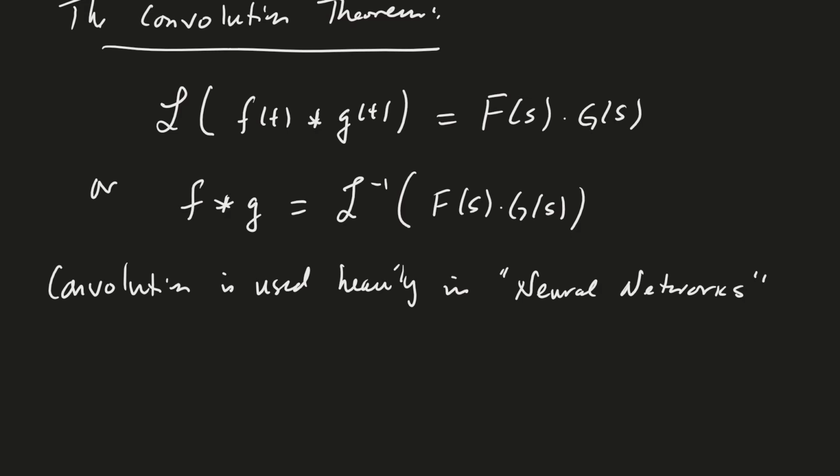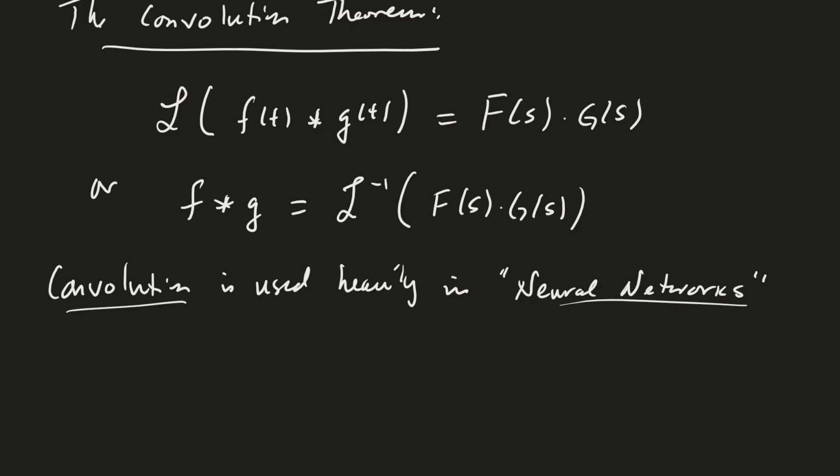That is, our functions only have one variable. But if we went into the two-dimensional convolution, we could take the convolution of images, and actually that's where the neural networks come in. The neural network processing likes to use the convolution, and there's some really interesting things happening with that. So if you're actually looking for a senior project, we might just do it specifically on the convolution. But like I said, for us right now, we want to focus mainly just on how to compute the convolution and how to use the convolution theorem.